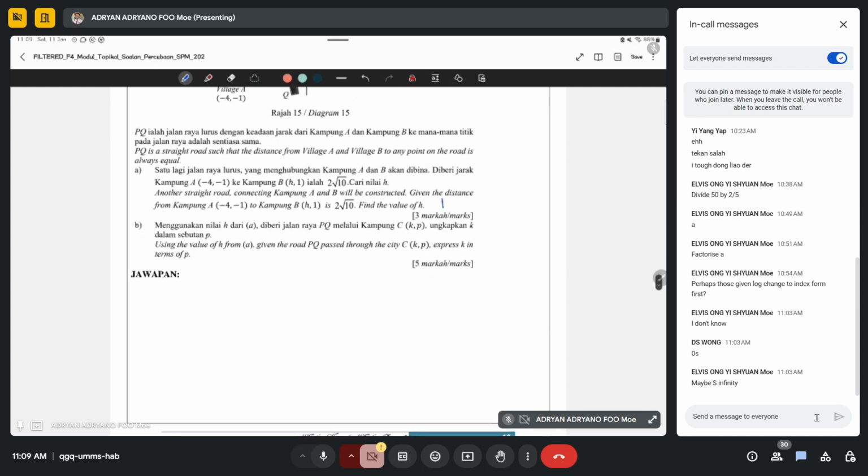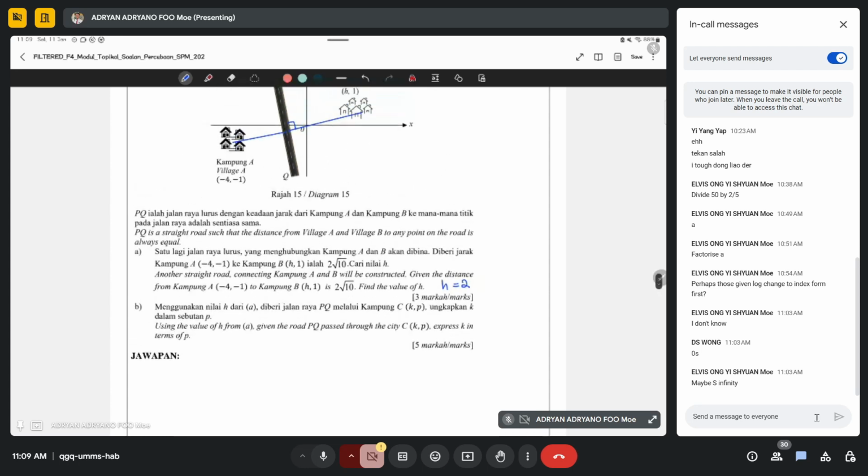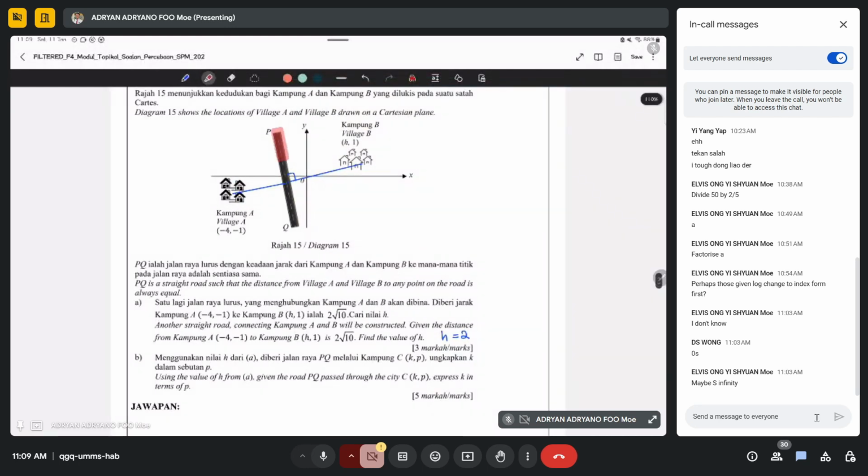When using the value h from A, given the road PQ passes through the city C (k, p), express k in terms of p. So 它5分，为什么5分？因为现在它要找的是 PQ 的 equation.